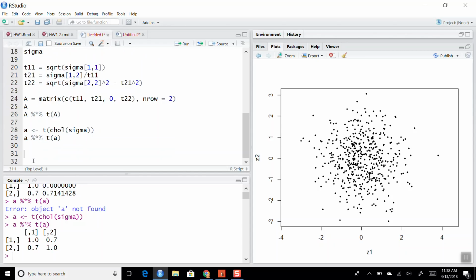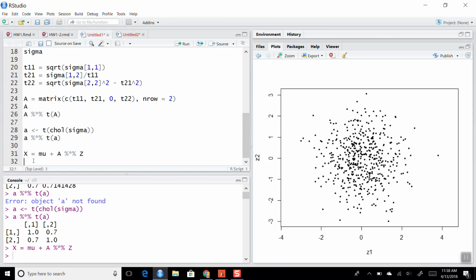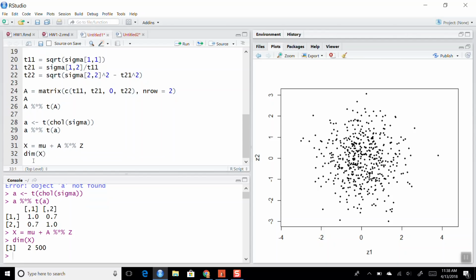Okay. All right. So now we are going to generate our X by taking our matrix mu and adding it to A times our matrix Z. Okay, and then just because of the way we have X, it's in rows.